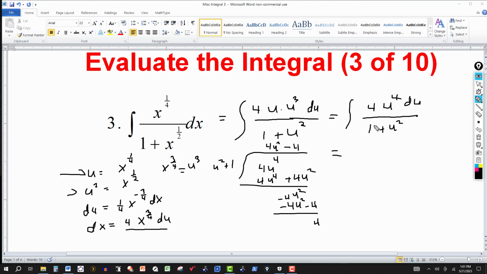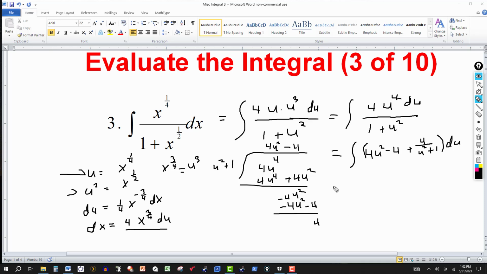And then we go ahead and rewrite this. So this expression right here is going to equal the integral of this quotient here. This will be 4u squared minus 4, and then plus the remainder, which is 4, over the divisor, which is u squared plus 1, and this is du.